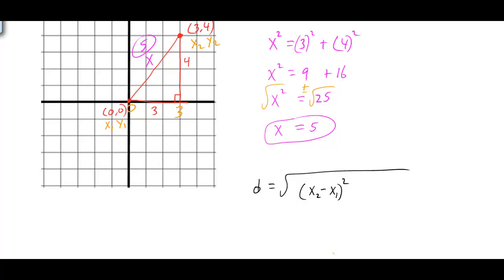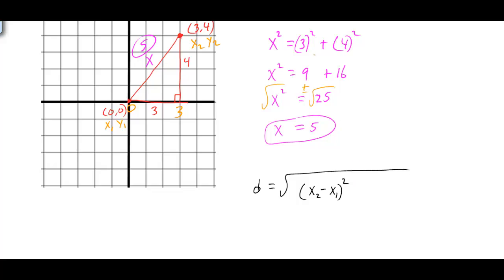So when we take 3 for x2 minus x1, which is 0, 3 minus 0, what is that finding? When we subtract, that's finding this distance. So we're finding the distance between here and here, which is 3, okay? So that's given us this part, and then we are going to square it, okay?